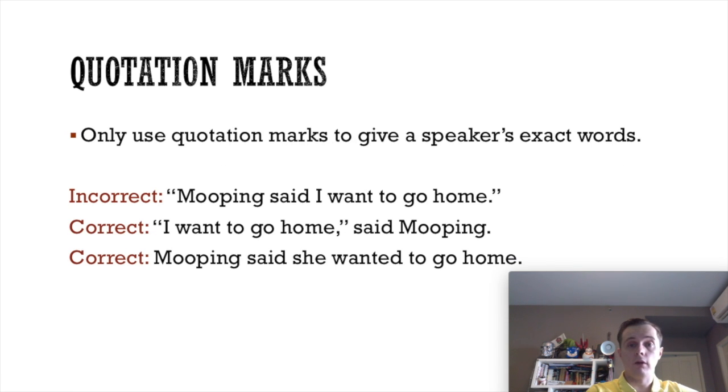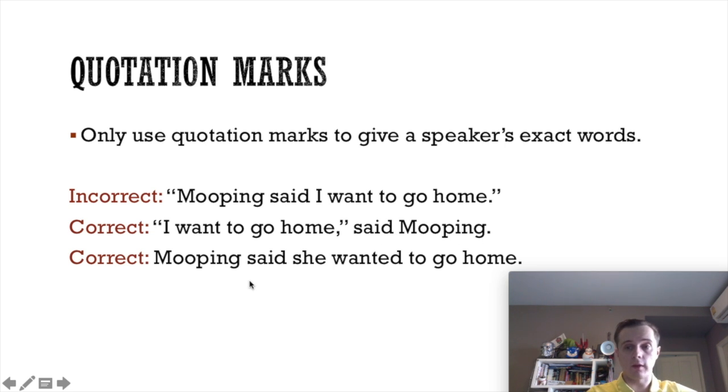So again, we only use quotation marks to show a speaker's exact words. So you wouldn't put "Mu Ping said I want to go home" inside quotation marks, but you would put "I want to go home" inside quotation marks next to said Mu Ping.